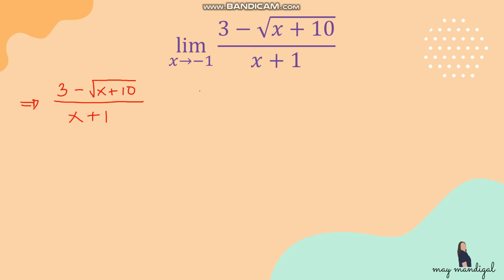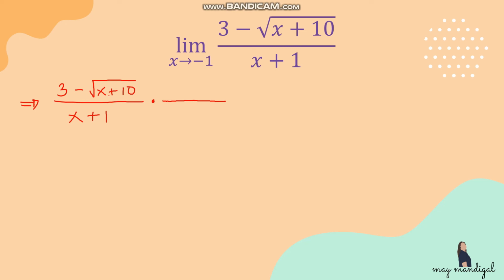So we can multiply this whole function by its conjugate. So how are we going to identify the conjugate? If there is a square root in the fraction like this, we will be considering that one. Since the square root is in the numerator, we will get the conjugate of the term in the numerator.